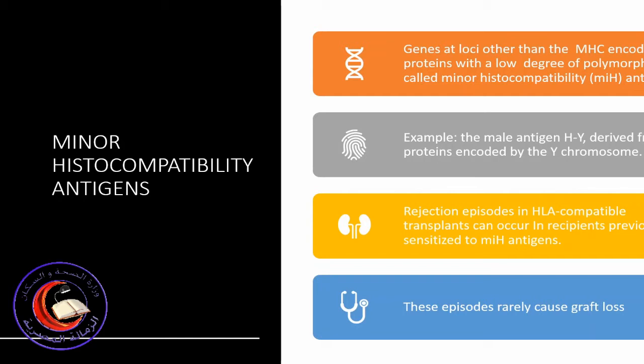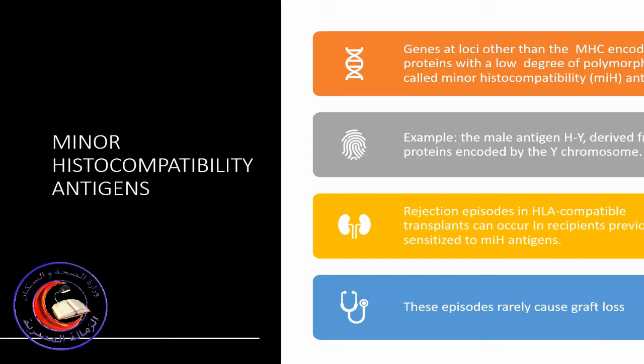As we said, there are 3 groups of antigens that are important in alloimmune rejection. Blood group, ABO blood group, major histocompatibility complex molecules. Then there are also minor histocompatibility antigens. Genes at loci other than the major histocompatibility complex encode proteins with a low degree of polymorphism.